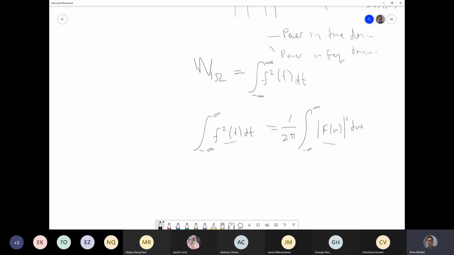So these squares essentially complete the same job. The actual derivation is in the solutions. Essentially what we want to do is use f of t is equal to the integral from minus infinity to infinity of f of omega, right?